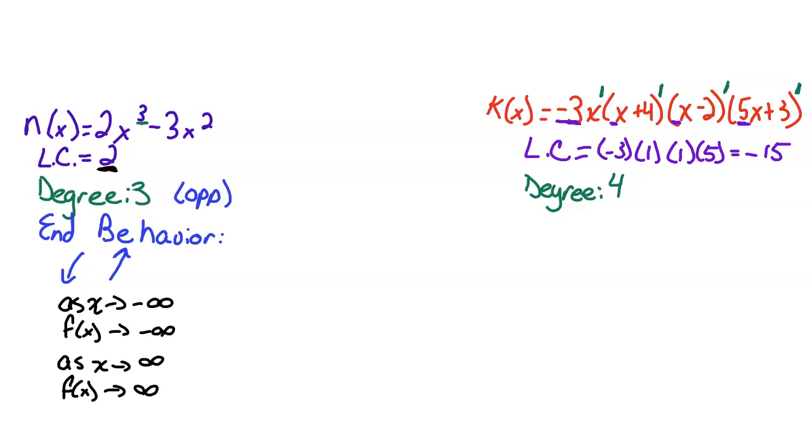So my end behaviors, since this is even, they're going to be going the same direction. And this is negative, so that means they're both going down. So practice some of these end behaviors, and in the next couple of videos we're going to be implementing these end behaviors.